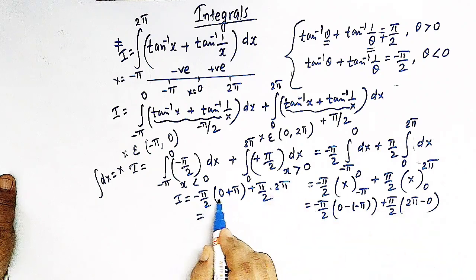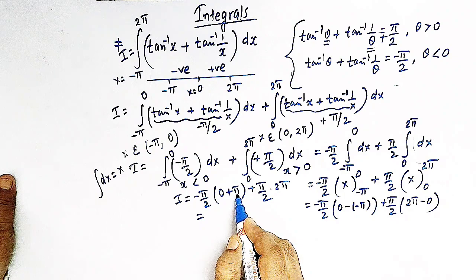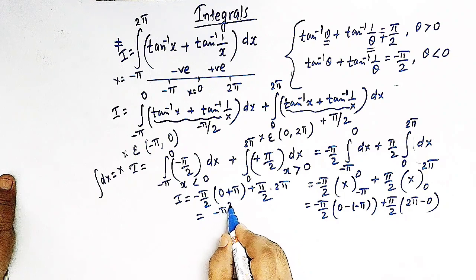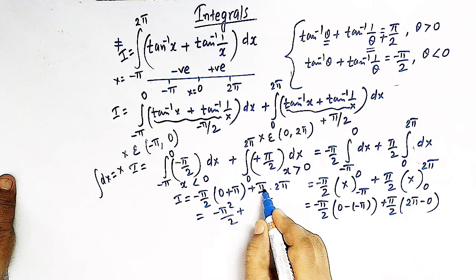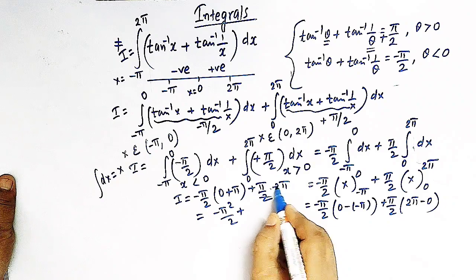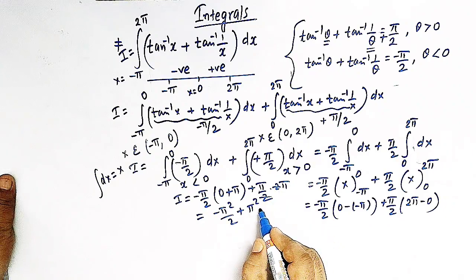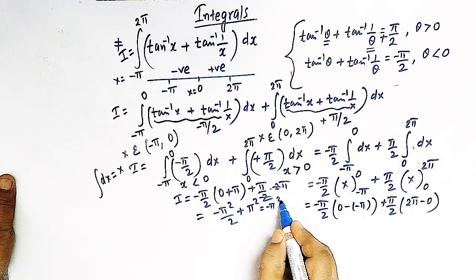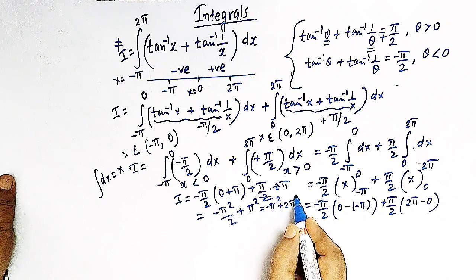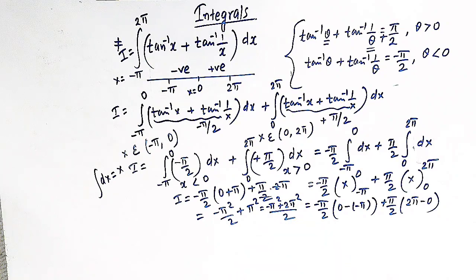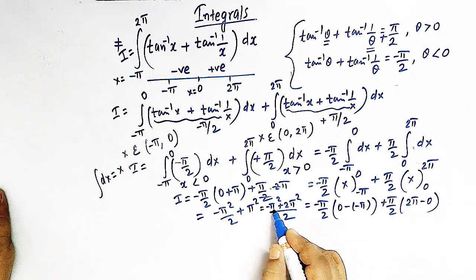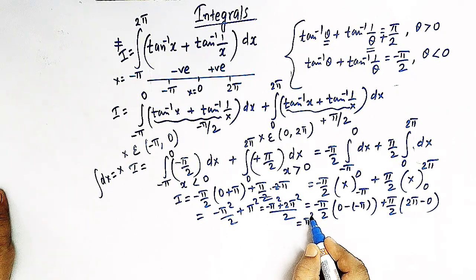This is minus pi by 2 times pi, which is minus pi square over 2, and this is 2 and 2 get cancelled, so we are left with pi square. So now we have minus pi square plus 2 pi square over 2. 2 pi square minus pi square is pi square, and here we have 2.